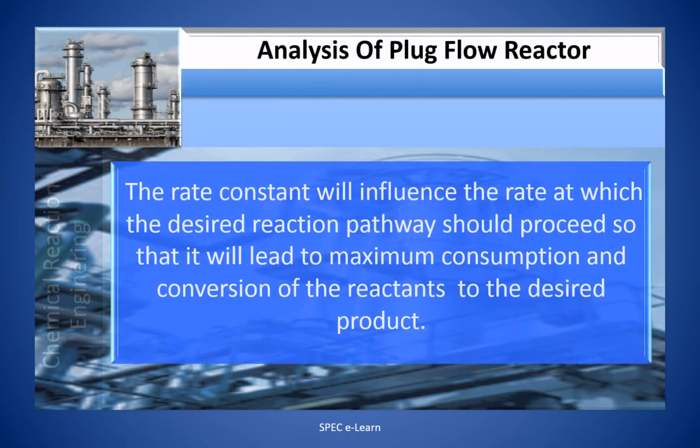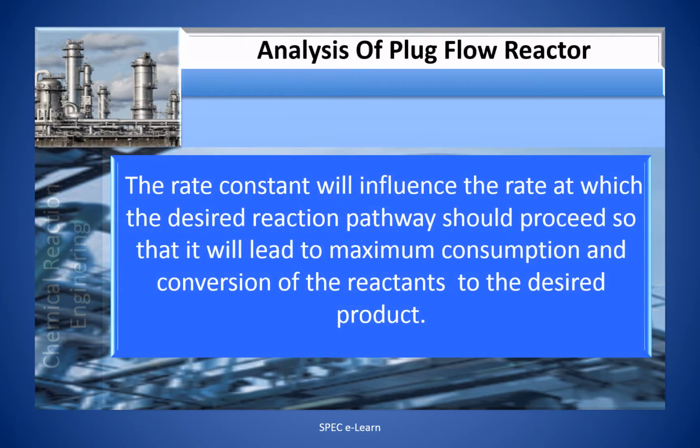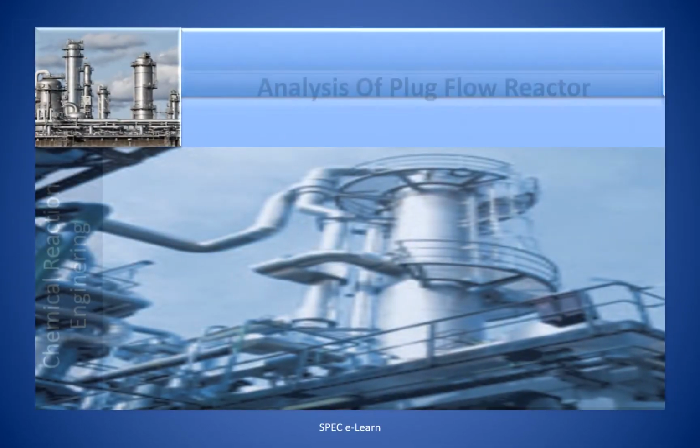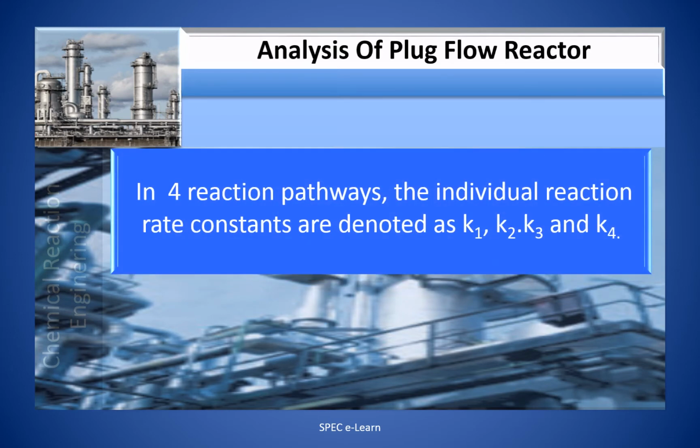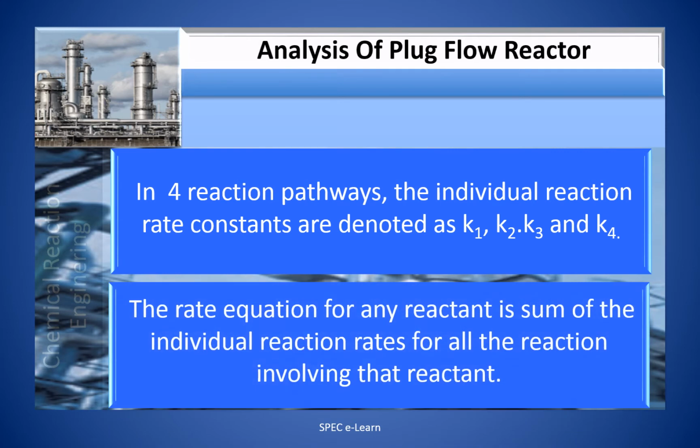The rate constant will influence the rate at which the desired reaction pathway should proceed so that it will lead to maximum consumption and conversion of reactants to the desired product. In the four reaction pathways, the individual reaction rate constants are denoted as k1, k2, k3 and k4.